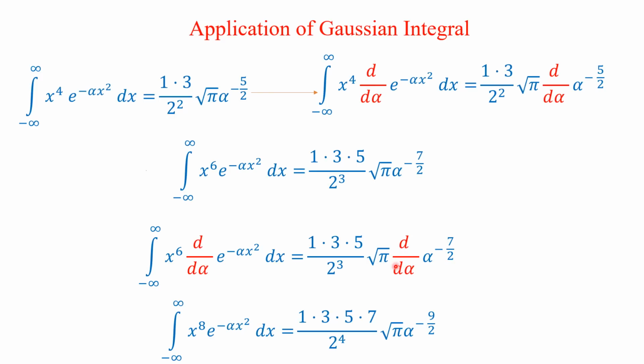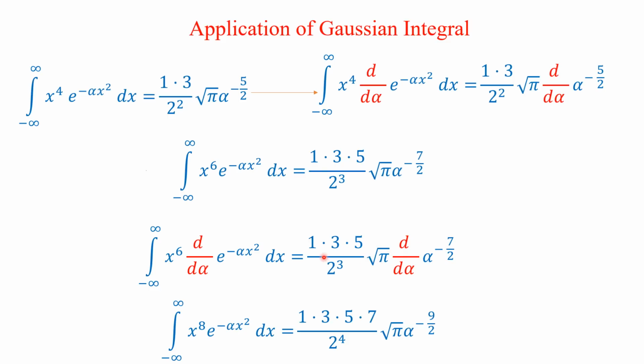So similarly you take another derivative. If you take another derivative, here one minus will come, here one minus will come, you can ignore the minus. So if you differentiate this, you will get x squared. So already x power 6 is there, so this will become x power 8 e power minus alpha x squared. Then already this term is there. Again, if you differentiate, you will get 7 by 2.